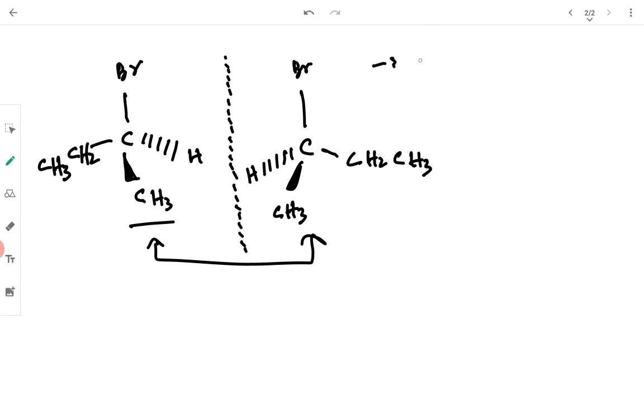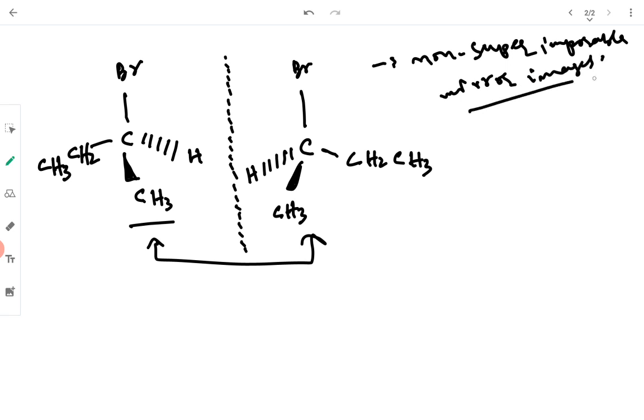They are non-superimposable mirror images, which means you cannot superimpose them on each other.